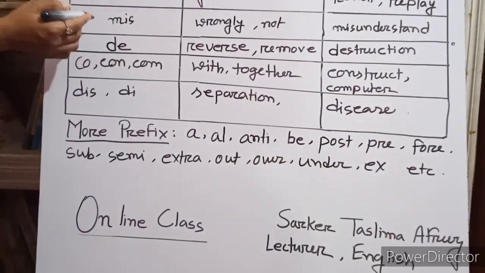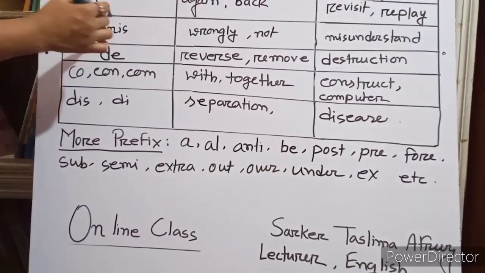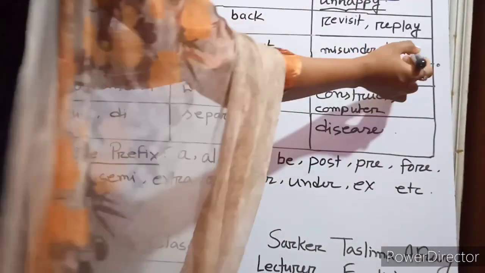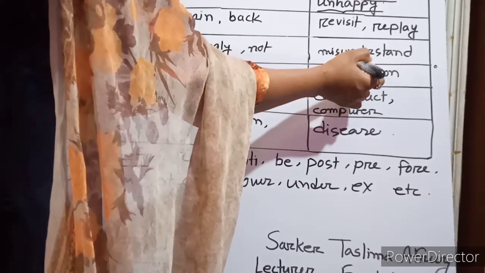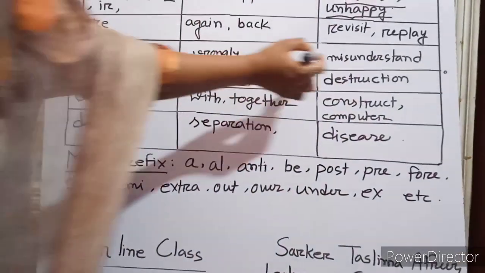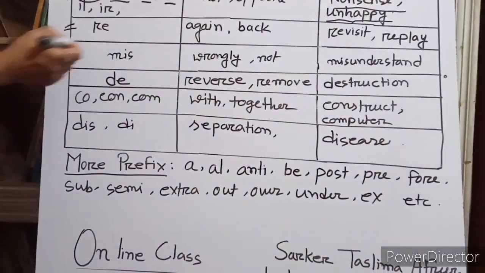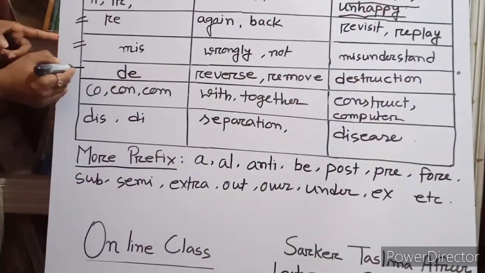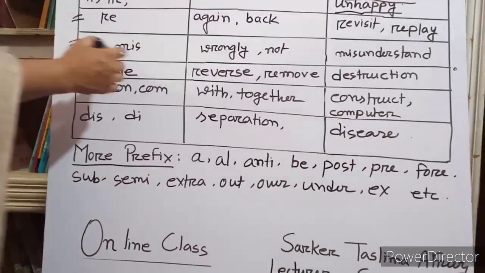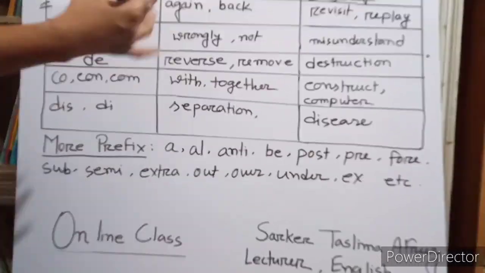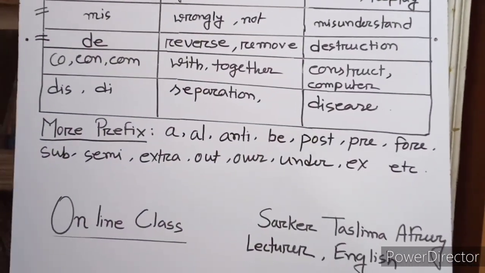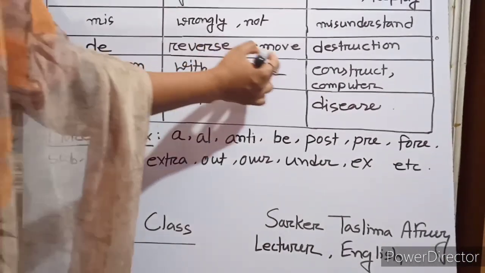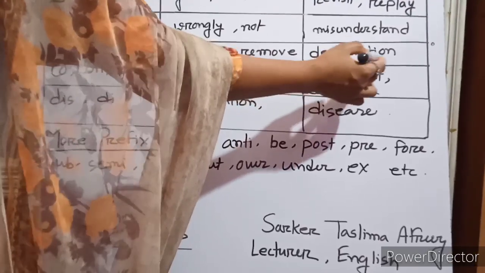The next one, mis, meaning wrongly or not. My root word was understand. I use here prefix mis: misunderstand. Next one, de. De means reverse something or remove something, for example destruction.